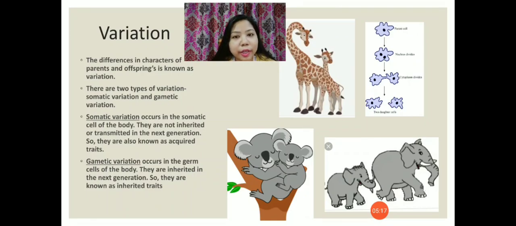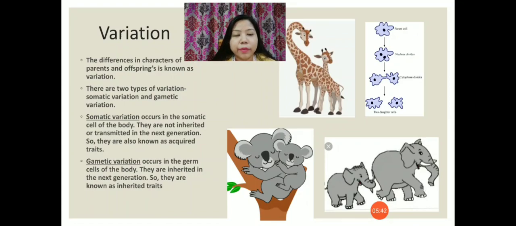Similarities are there, but still there are some differences. Similarly, when reproduction takes place by the asexual mode also, there is a little bit of variation. Of course, the variation is more in sexual reproduction and less in asexual reproduction, but there will be a little bit of variation.